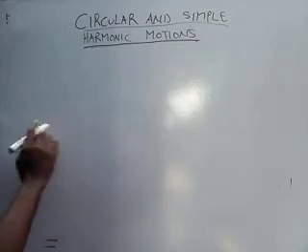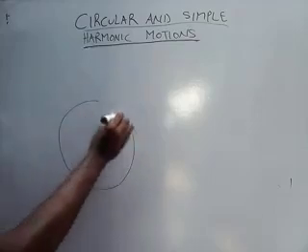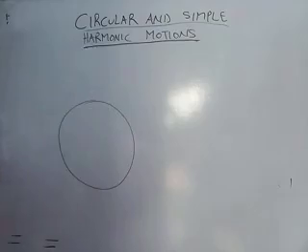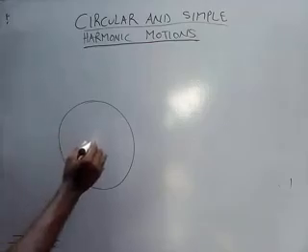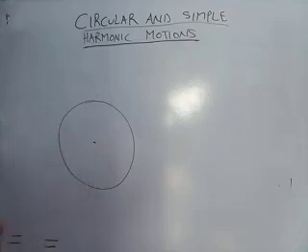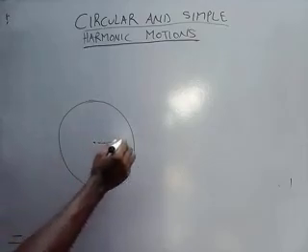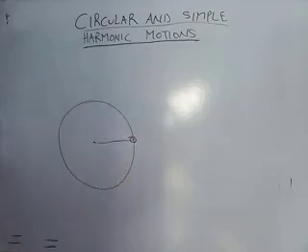I want it to be as simple as possible and very easy for all of us to understand. If this is the center of our circle, and this may be a string I'm rolling around, I tie the string to a stone or any hard object and I'm swinging it around.